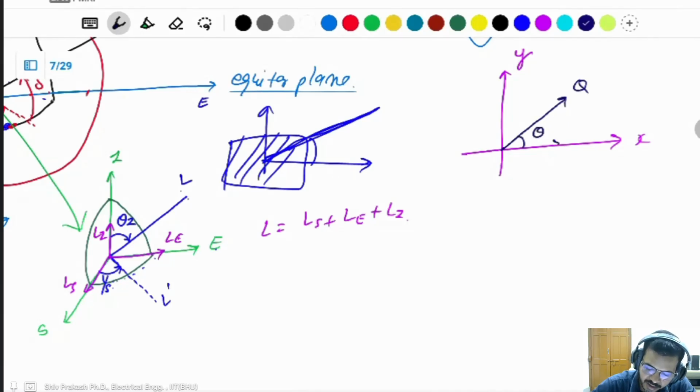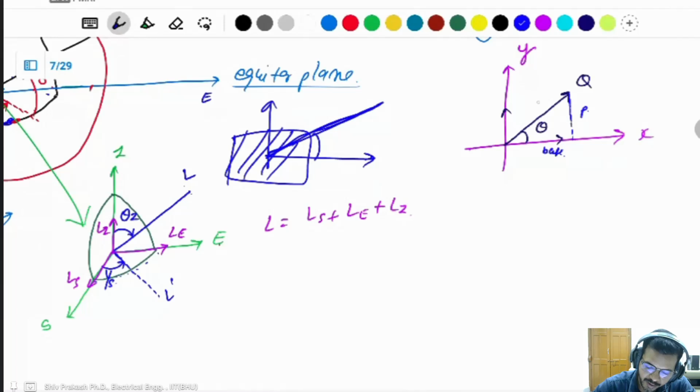Then what is the x-axis and y-axis? Same as, you can take a triangle like that. This will be the perpendicular, this will be the base, this will be the hypotenuse.